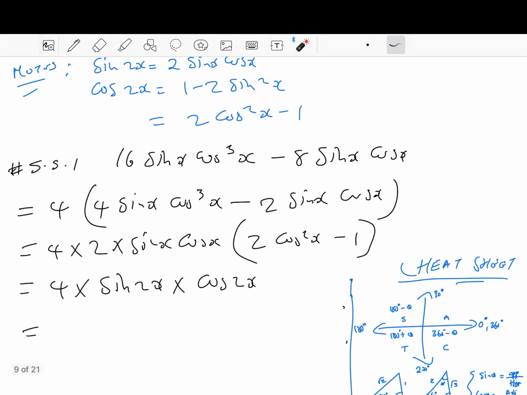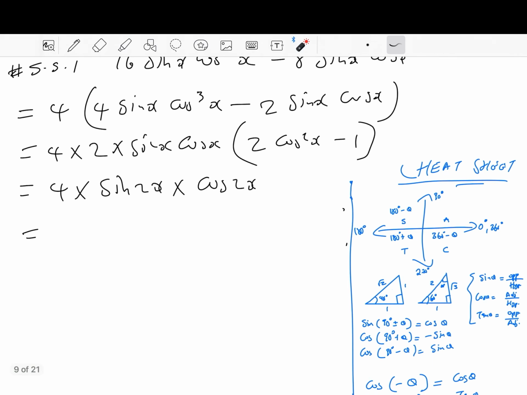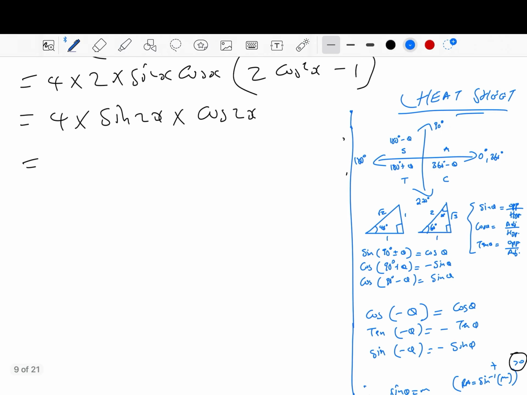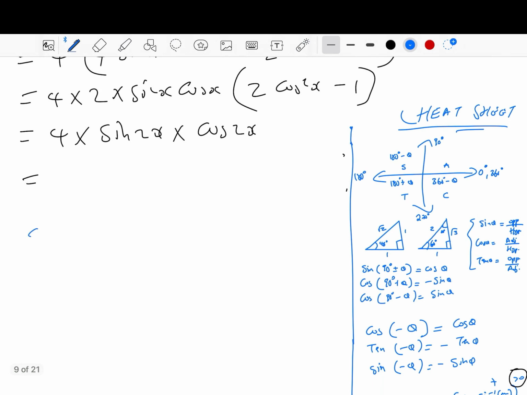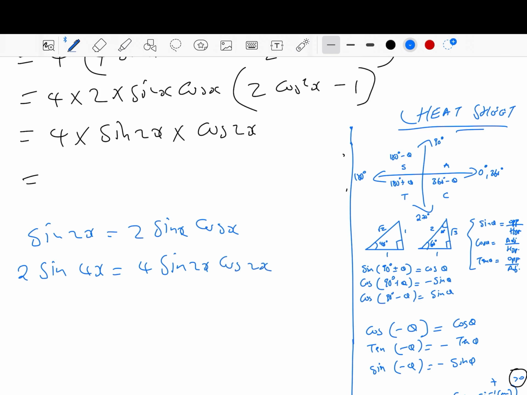Essentially, sine 2x equals 2 sine x cos x, and if you multiply everything by 2, your answer is, drum roll please, 2 sine 4x.